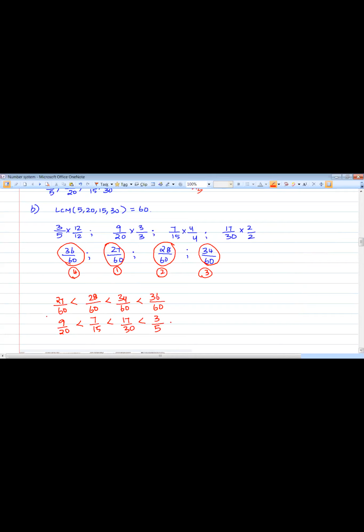So this is your right answer. Please note it down. So 9 by 20 is less than 7 by 15 is less than 17 by 30 is less than 3 by 5. Dear students, if you are facing any difficulty understanding the question, please send it in the chat box. I am ready to explain to you, but don't write the concepts or sums without understanding.